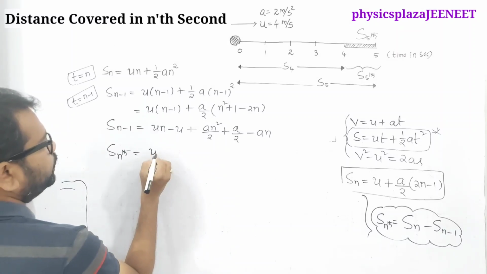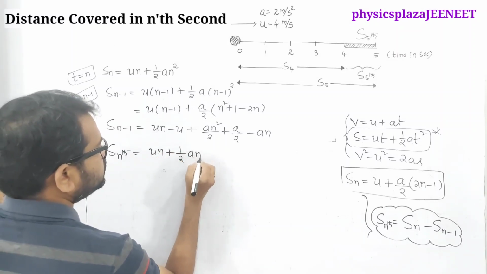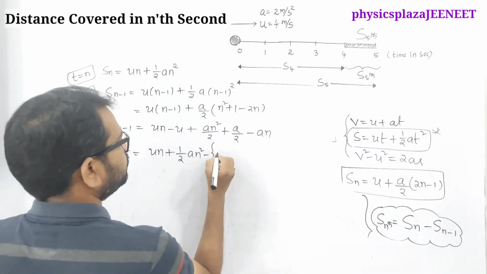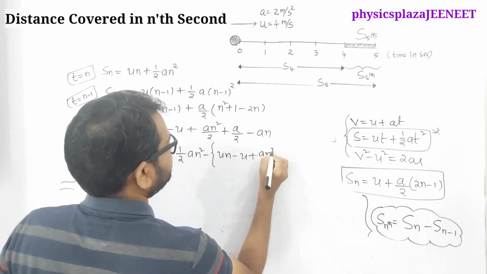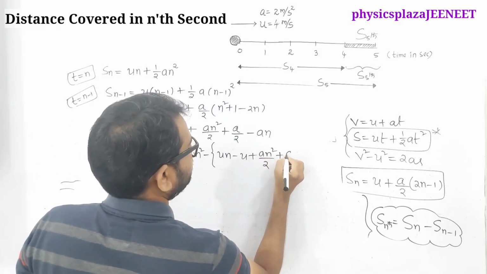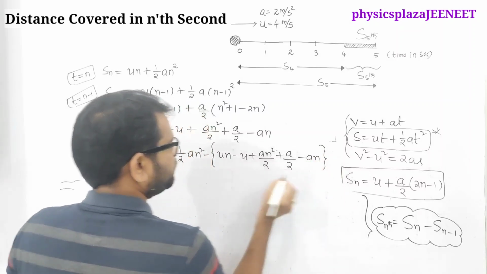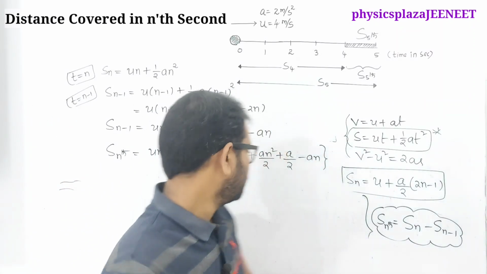So this is un plus half a n square minus, write all terms here. So this is un minus u plus a n square by 2 plus a by 2 minus a n. So you should be a bit careful. If minus plus goes wrong, then the complete equation will go wrong. Okay.